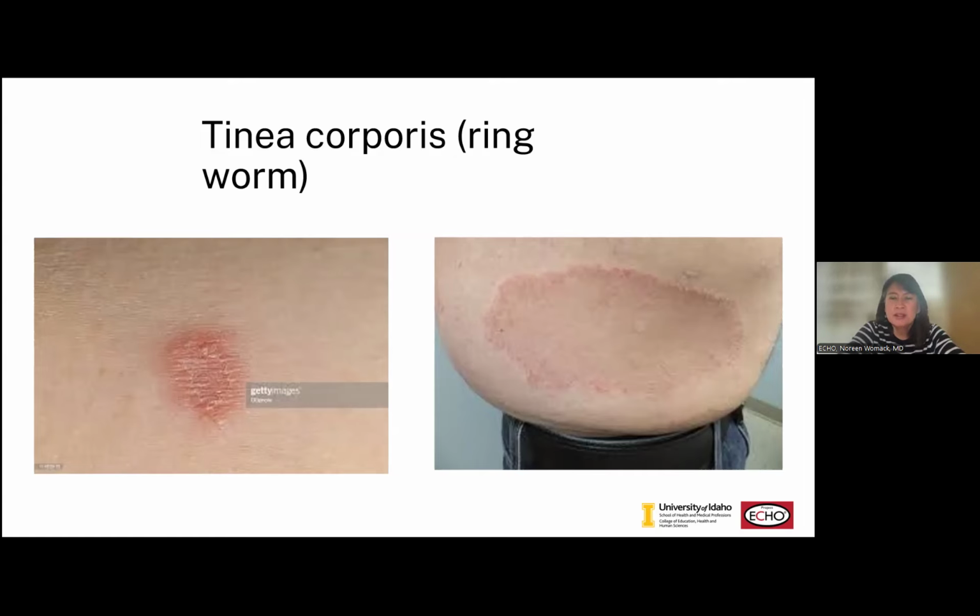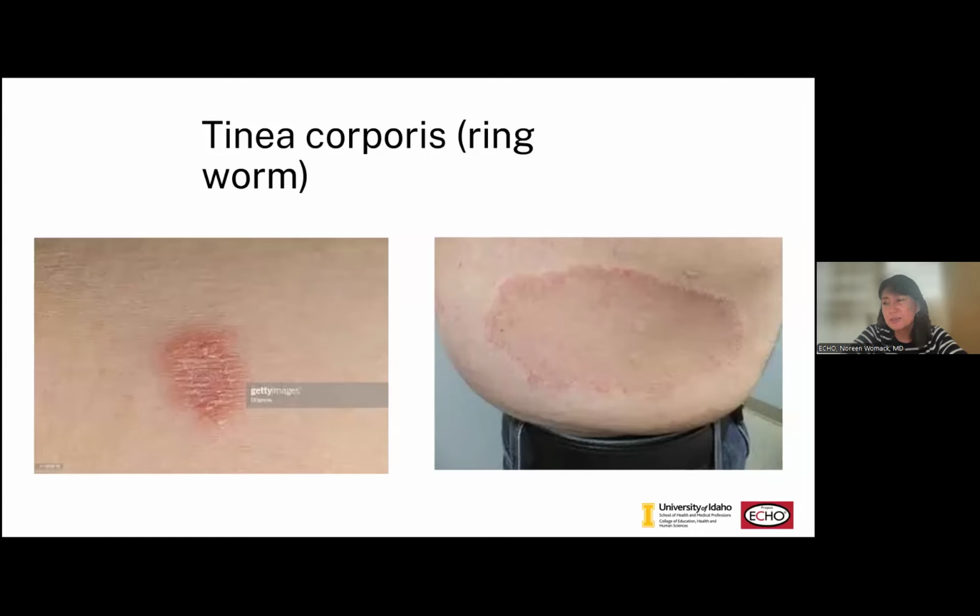Sometimes this is hard to treat. We start with topicals, but when they get as big as the one on the right, then usually they'll need oral antifungals. Unfortunately, since it's slow growing, it's slow going away. So I tell people if it took 3 weeks to get to that point, it'll probably take 3 weeks of oral antifungals to make it go away.